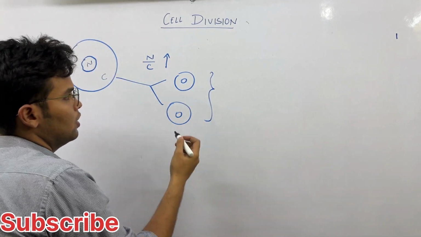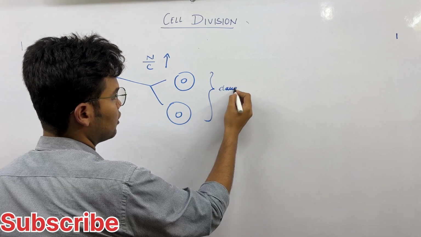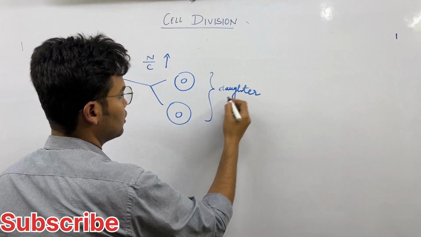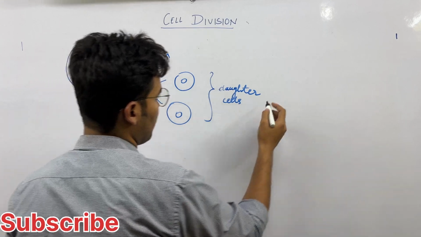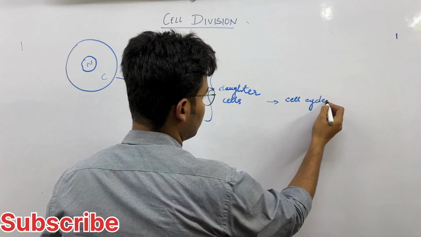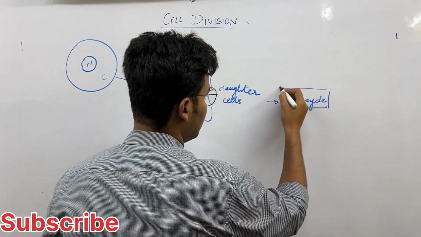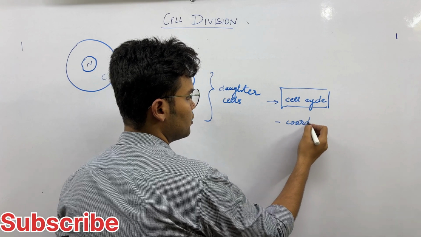These two daughter cells are formed because of the cell cycle, and this cell cycle is a coordinated event.